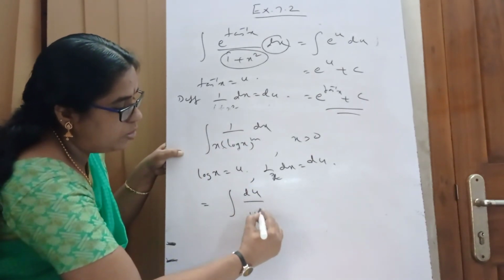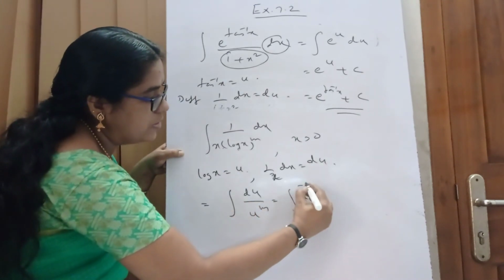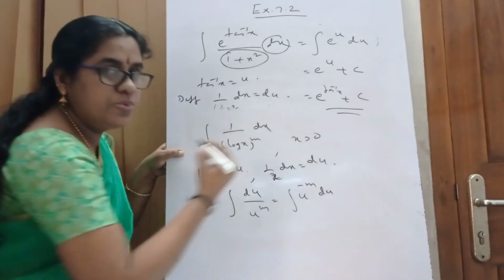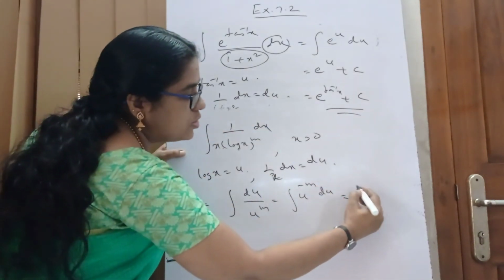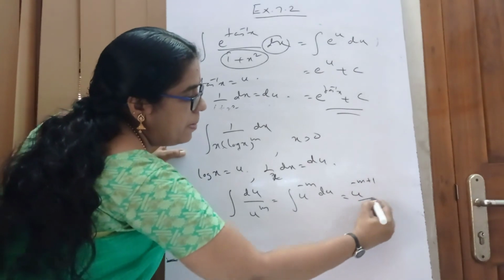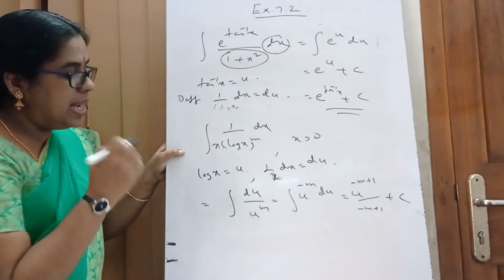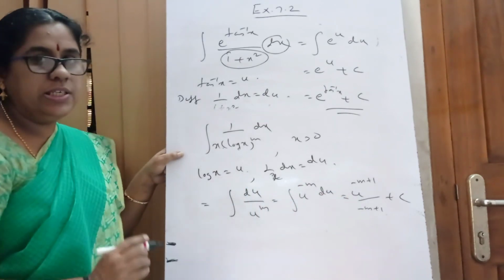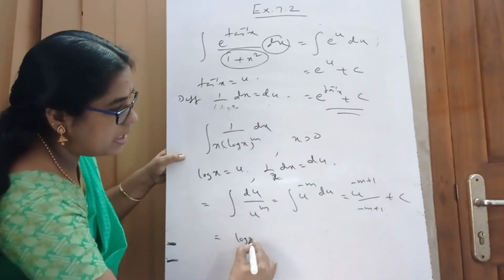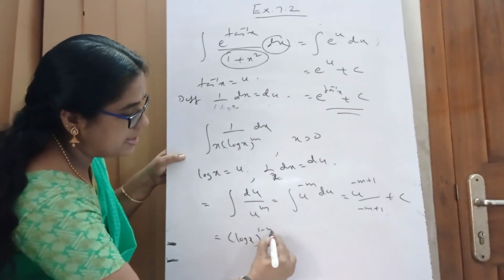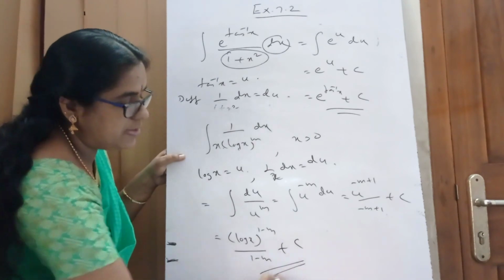Therefore, the integral becomes du divided by u raised to m, that is, the integral of u raised to minus m du. This is of the x raised to n form: u raised to minus m plus 1 by minus m plus 1, plus c. In the last step, put u equal to log x. The final answer is log x raised to 1 minus m divided by 1 minus m, plus c. This is the answer.